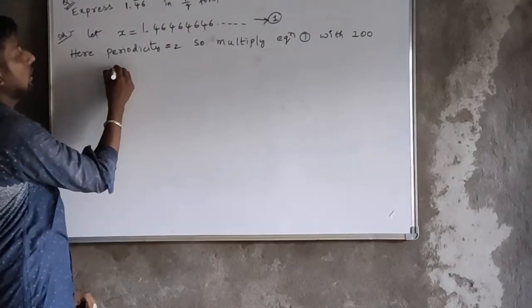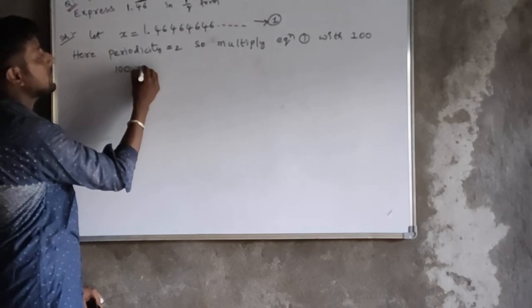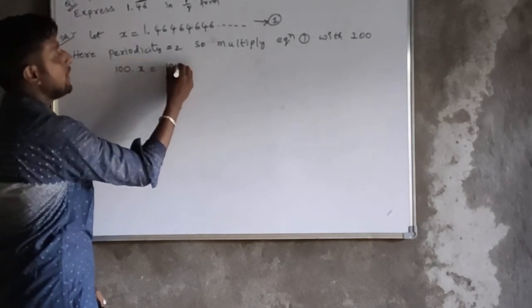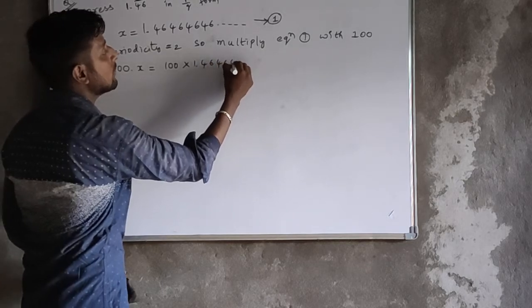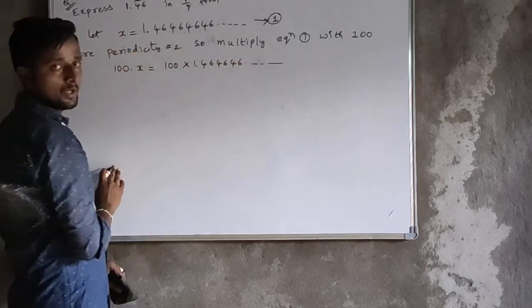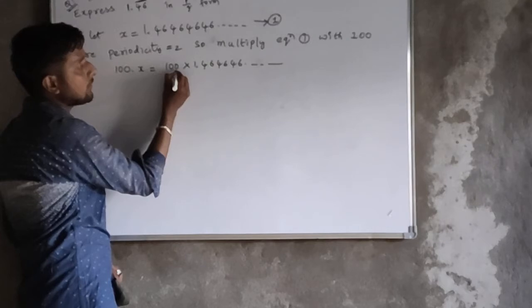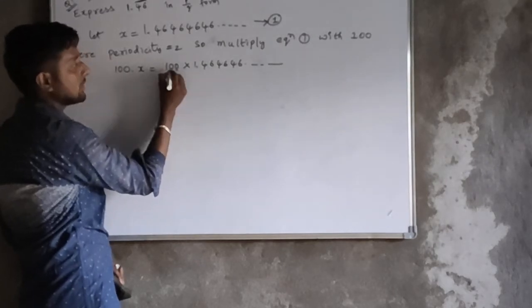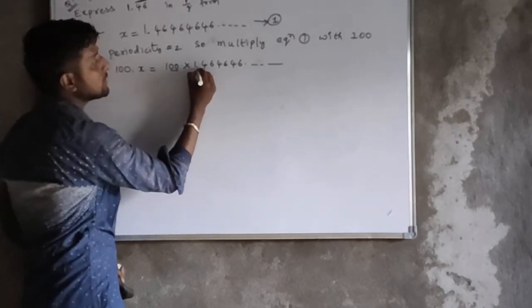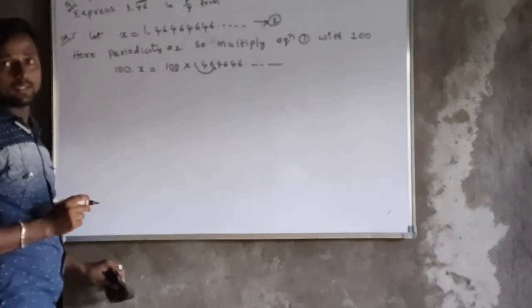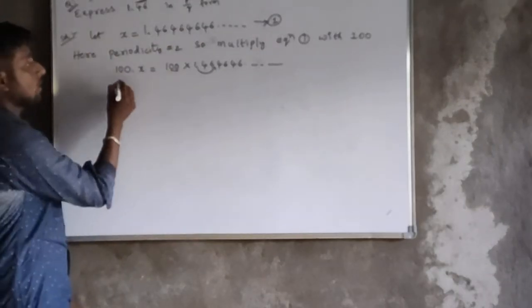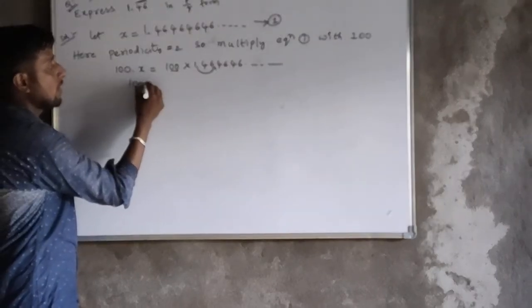Now I write 100 into x, and 100 into 1.46 and so on. If there is one 0, the decimal moves only one place. If there are 2 zeros, the decimal moves 2 digits. Now 100 into x, 100x.